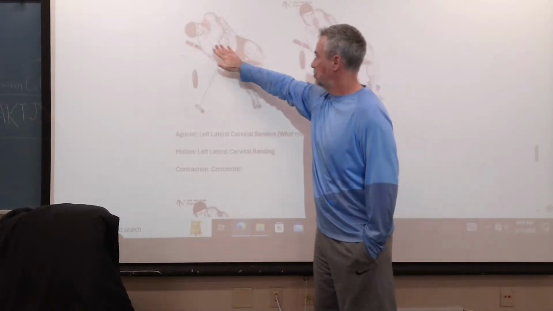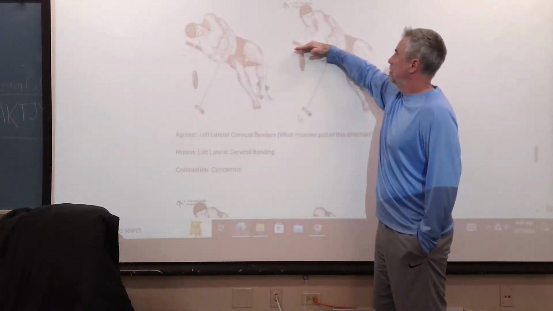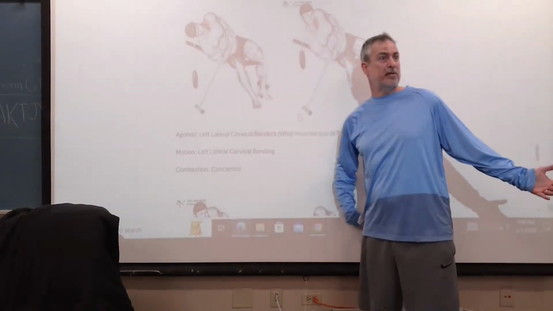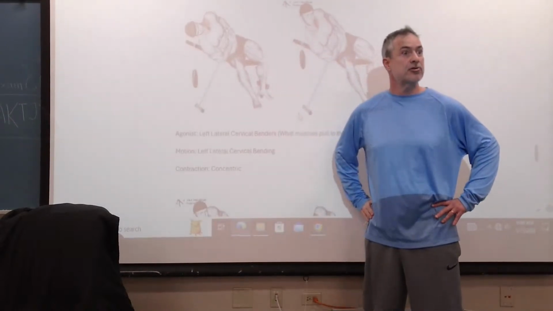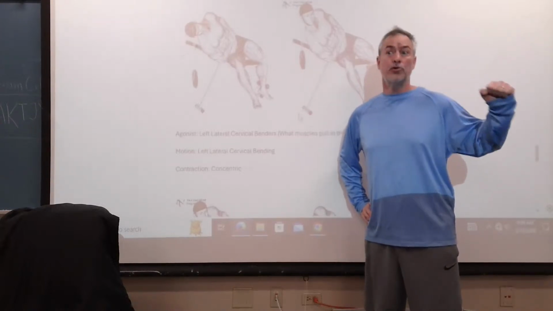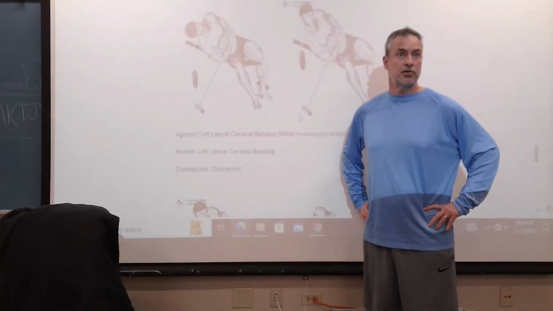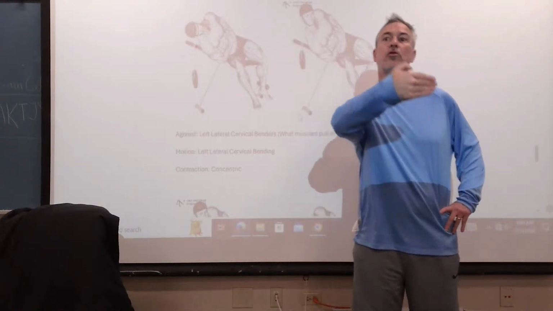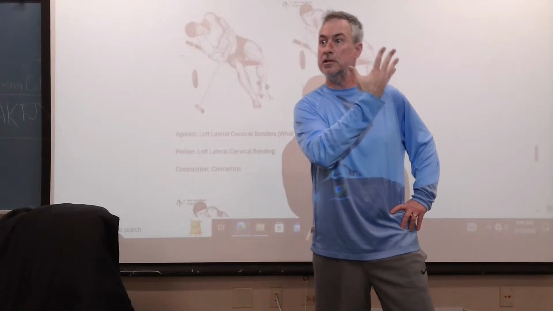Now, if I observe left lateral cervical bending, all that tells me is that it must be concentric contraction, because the only way the muscles that pull that way are going to make motion happen that way is to shorten while trying to shorten above rest. It's just 310 stuff, but just who are those muscles in that group? That's it.